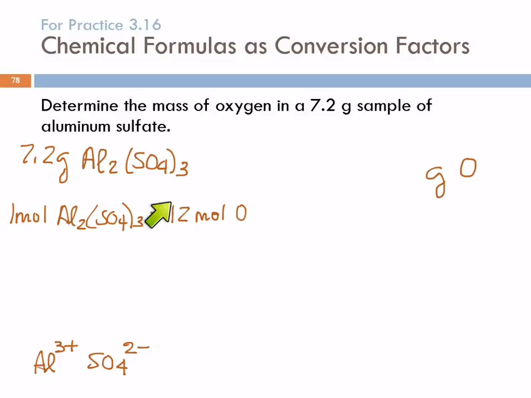This will get me moles of this to moles of that, but I've got grams and grams. So I'm going to have to use molar masses as well. And I'm going to go from grams of aluminum sulfate to moles of aluminum sulfate. And yes, it gets tedious, writing the formula over and over again. And then we're going to go to moles of oxygen and then grams of oxygen.